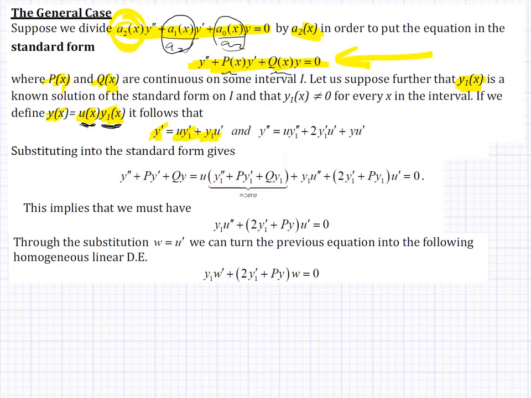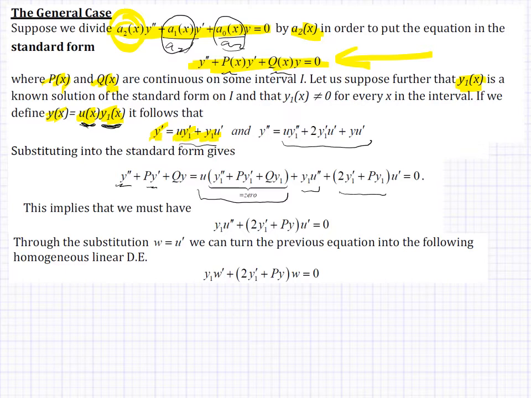And then if I take the second derivative and combine any common terms, this is my second derivative. So I plug the first derivative and second derivative in here and here. And if I simplify this, I'm going to get u times this plus y1 u double prime plus 2 y1 prime plus p y1 u prime.